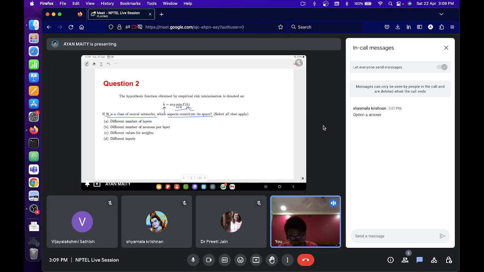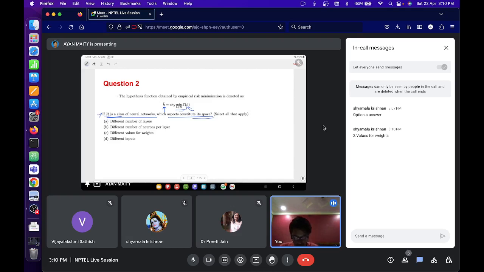And this h is taken from capital H. So the question is, if this capital H is a class of neural networks, which space constitutes its space? So basically you have to find out the space for capital H. There can be multiple correct answers here.